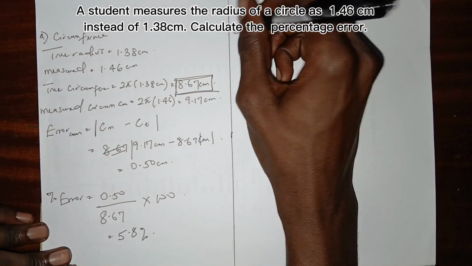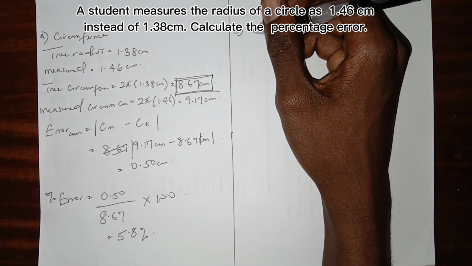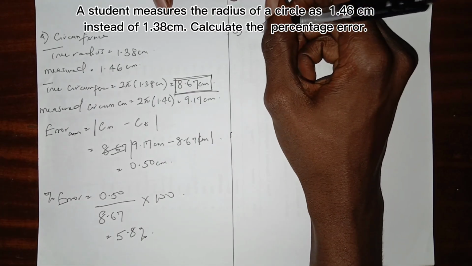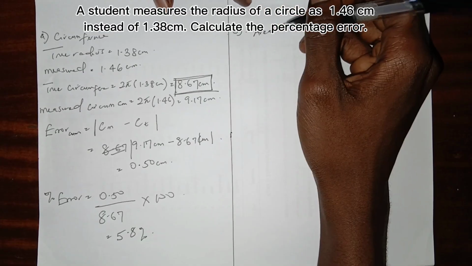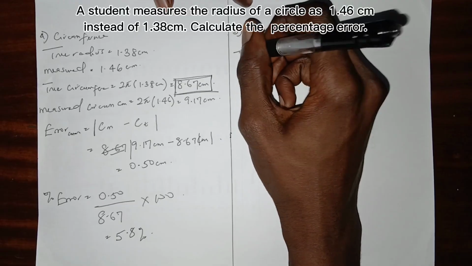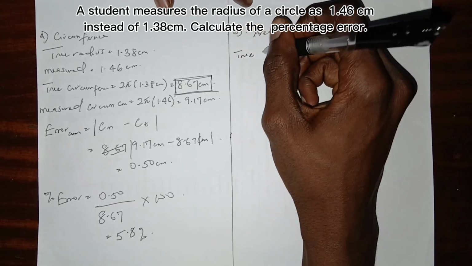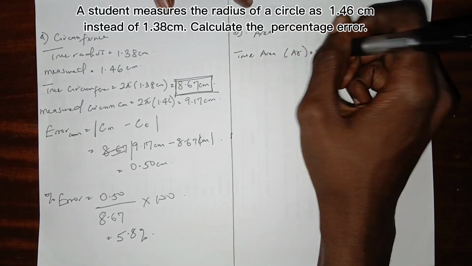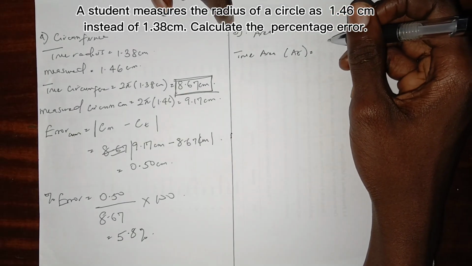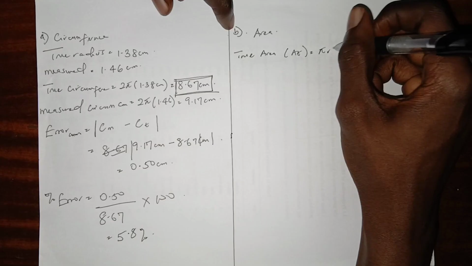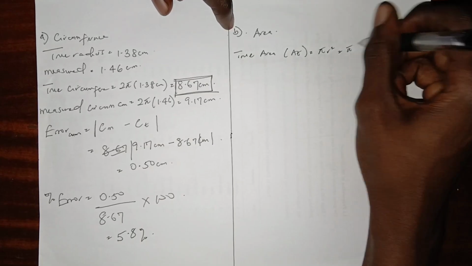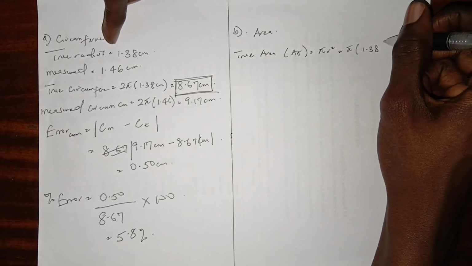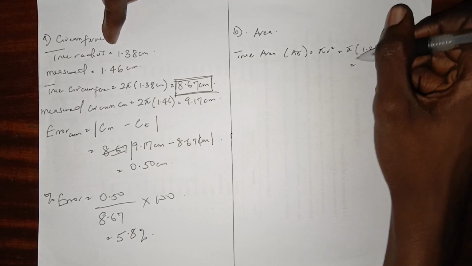Then for the second one, we are asked to find the percentage error in the area. So we also have to look for the true area. That will be pi r square, so pi times the true radius 1.38 squared.